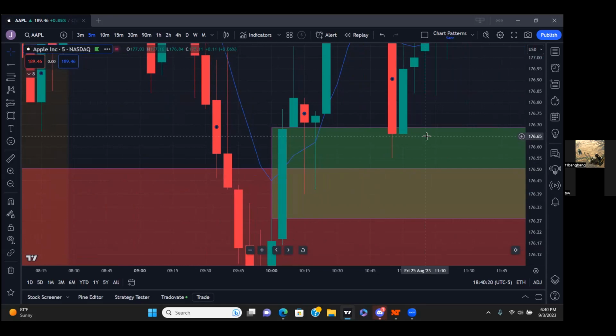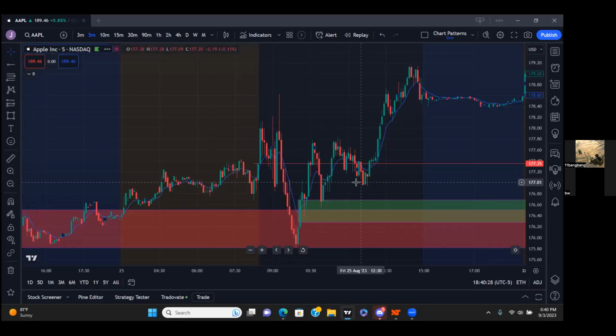Now zoom out a little bit so you can see the swing high earlier in the day. Where's the high point of the morning? At 9:15 for you, what was the high point?